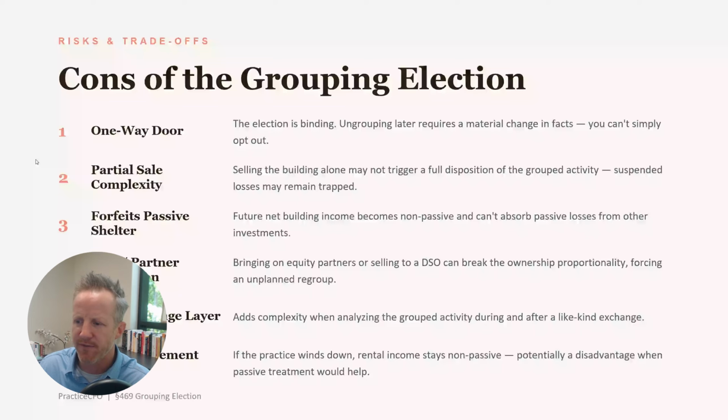All right, con number 4, DSO or partner disruption. So if you bring on a partner, an equity partner, like if you're selling to a DSO and they buy 60% or whatever, even if there's a management entity and you still own 100% of your stock, the substance of the law is you sold a portion of your practice, and now you break the compliance with the rules required for the grouping election.